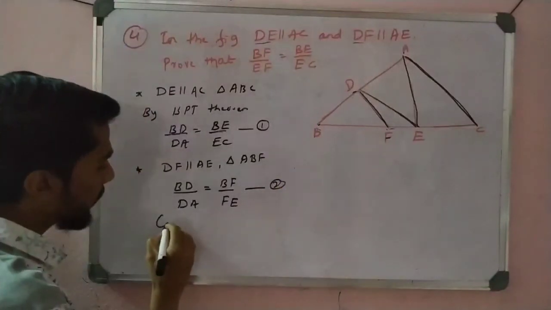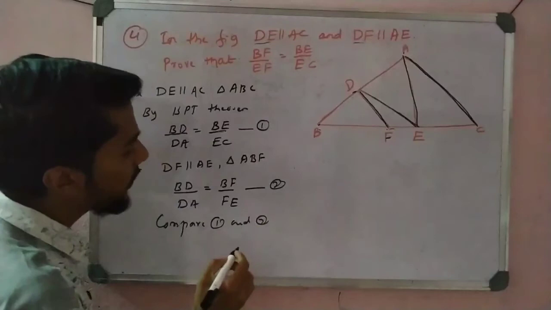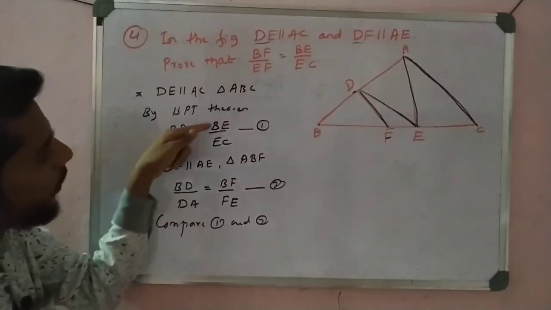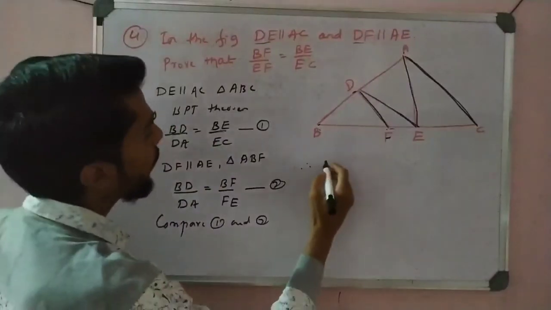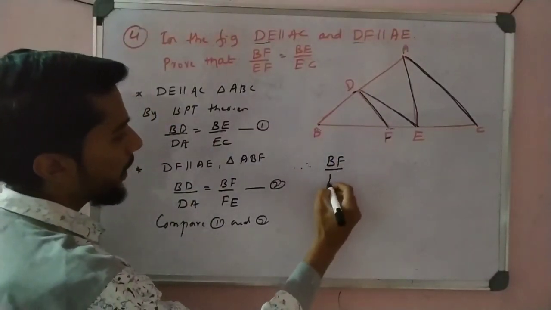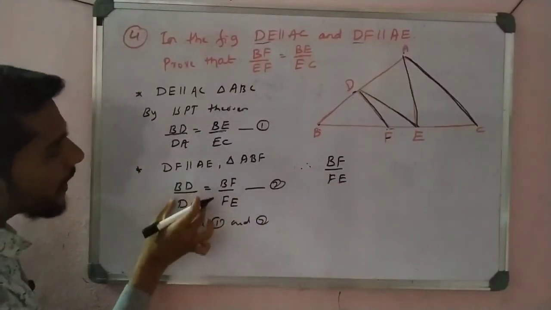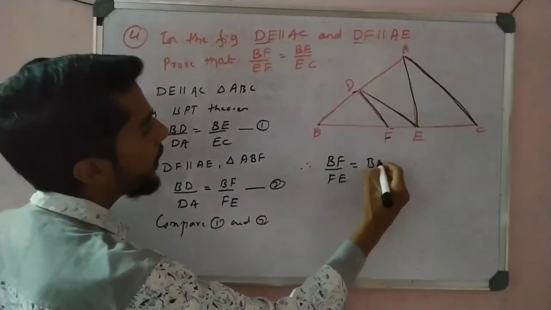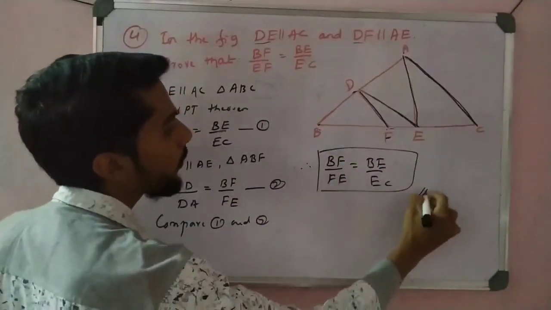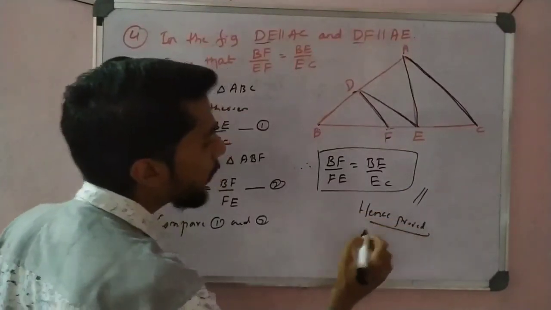Now compare 1 and 2. BD by DA is equal in both. Therefore BF divided by EF is equal to BD by DA, and BD by DA is equal to BE by EC. So that is the proof. Hence proved.